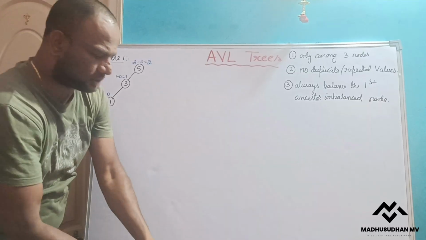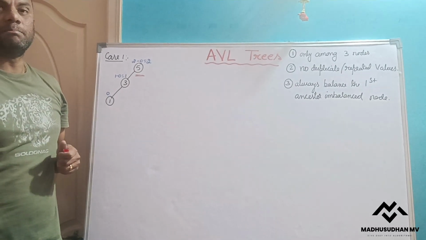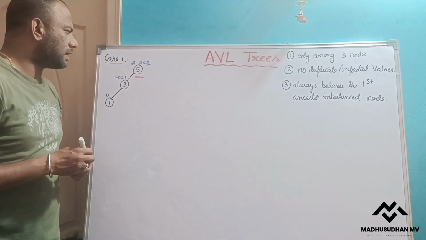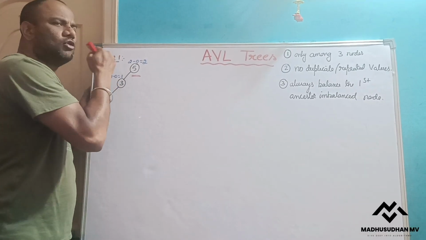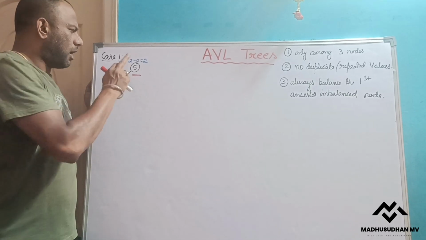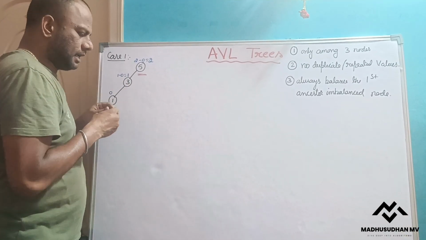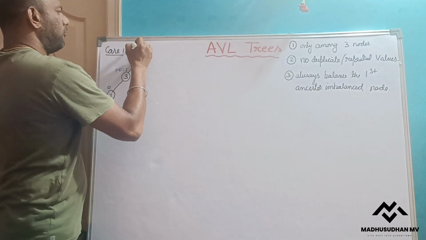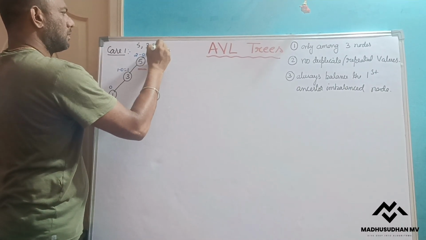That means this node is unbalanced or imbalanced. Now I need to make this balanced. First of all, why does this node become imbalanced? After 5, I inserted 3 here, and then the elements came in this order: 5, 3, 1.